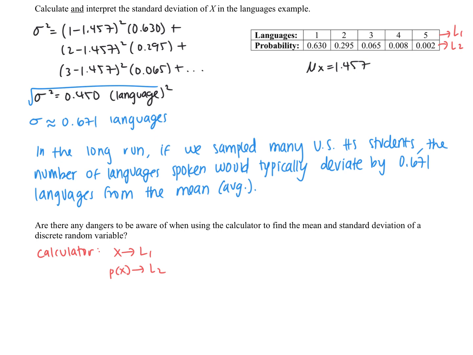Okay, so once you have your data in list 1 and list 2, quit out.